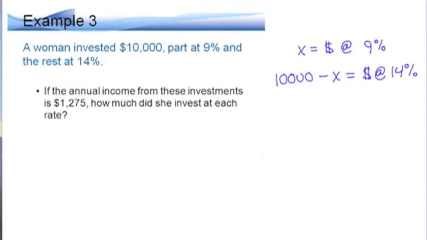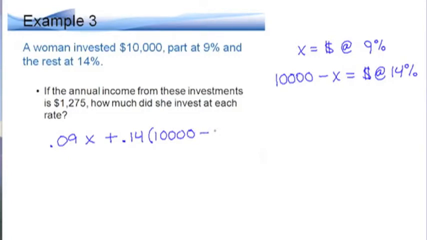The X is how much of the 10,000 I've invested in the 9% rate. So we know that 9%, which is 0.09 times X, plus 14% times whatever is left over after I've already used X, so 10,000 minus X.